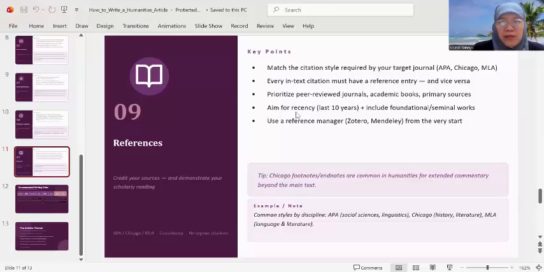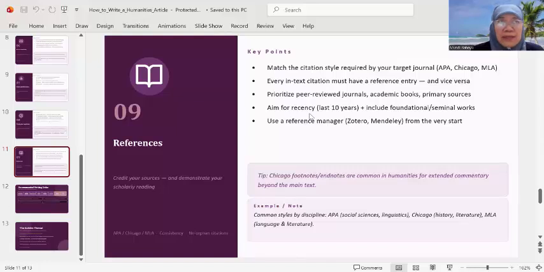And then aim for recency. It means do not use very old references. It is suggested to use the last 10 years or maybe the last 5 years. It depends. Also include foundational and seminal work.